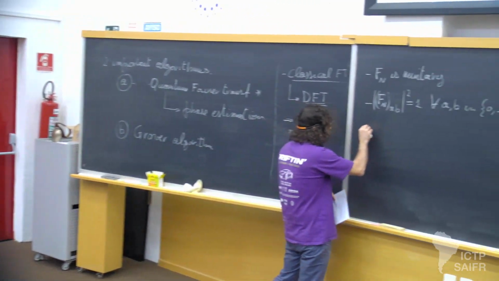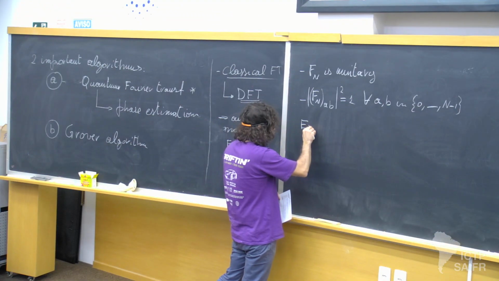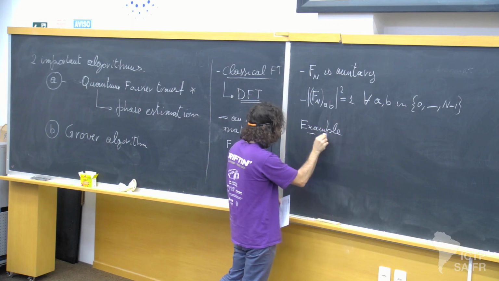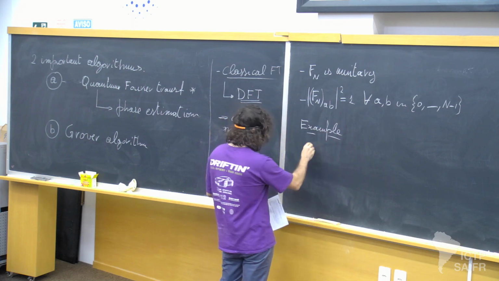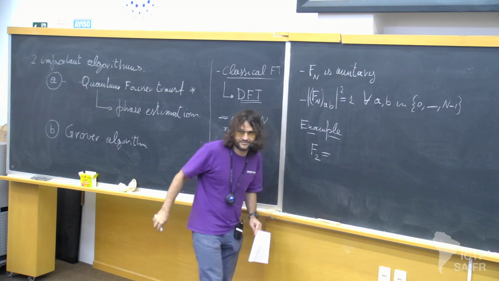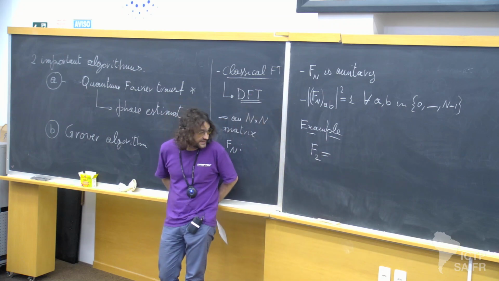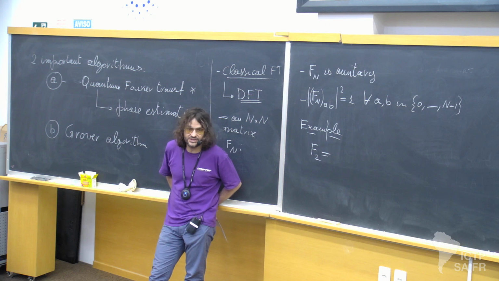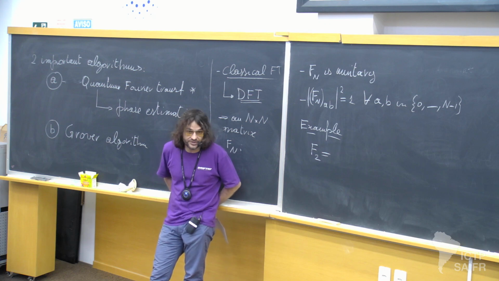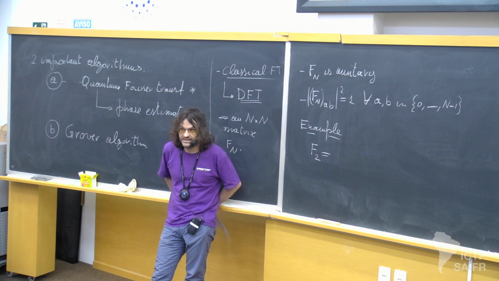And for example, what is F2? So we need a 2 by 2 matrix which is unitary, and each component has modulus 1. Any candidate?